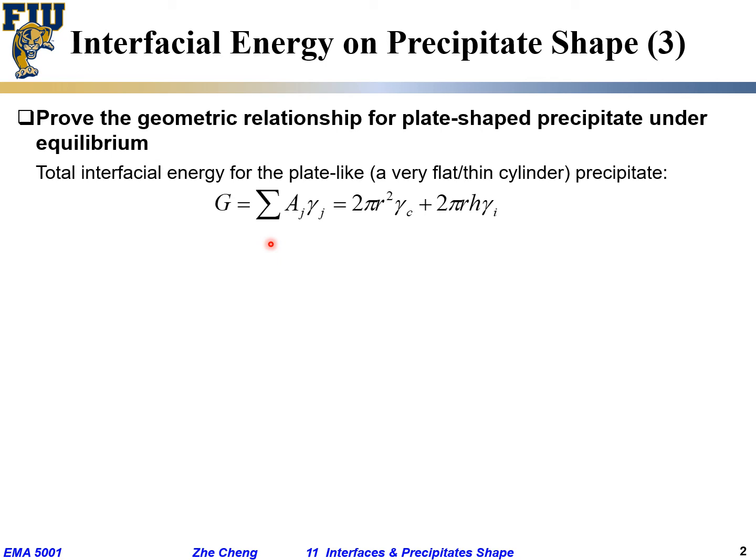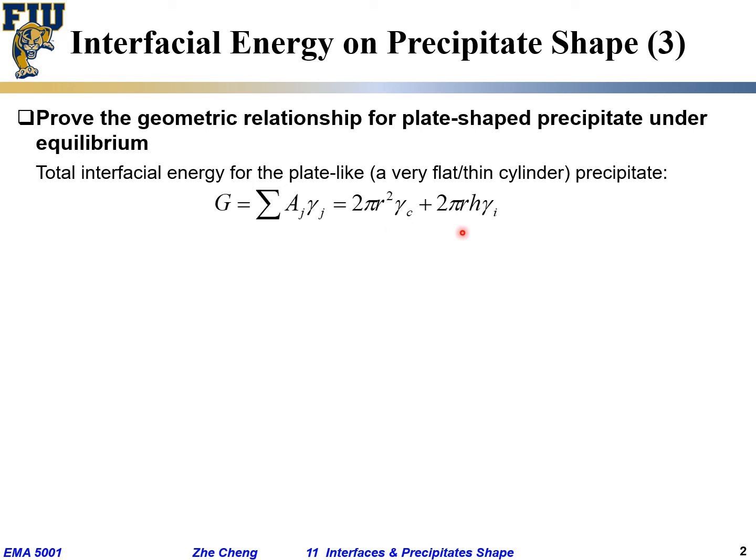And in this case, I write it as this. 2 pi r squared, what is that? Pi r squared is the area for the cylinder top surface or the bottom surface. But since we have both top and bottom, we have the factor of 2 here. Times what? We said the coherent one is the top one and the bottom one. Make sense? It's a plate, the flat one.